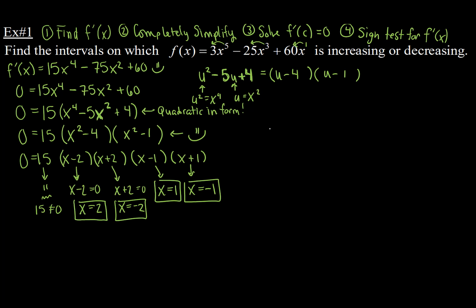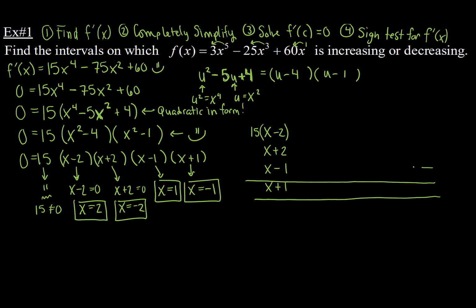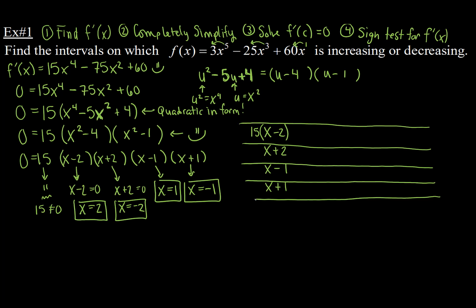So here I've got a factor of, I'm just going to include the 15 with that first one, x minus 2, my factor of x plus 2, x minus 1, x plus 1. And look at all of those individually. And then I'm going to look at the cumulative effect of that on the actual first derivative.